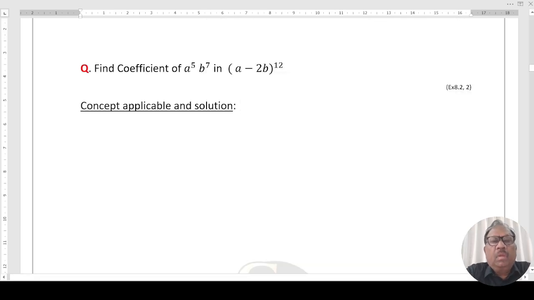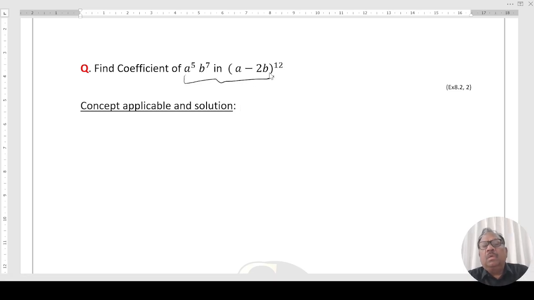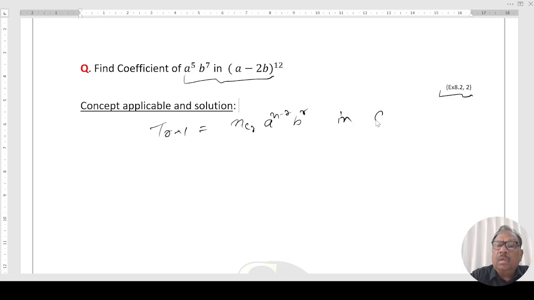Question is, find the coefficient of a to the power 5, b to the power 7 in the expansion of (a minus 2b) to the power 12. This question is taken from NCERT exercise 8.2. Concept applicable and solution: you know, the general term formula is T(r+1) equals nCr a to the power n minus r b to the power r in the expansion of (a + b) to the power n.